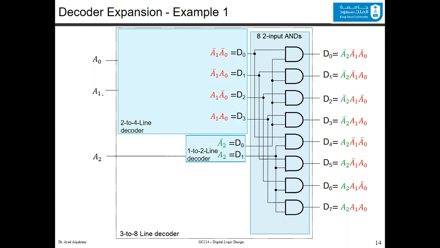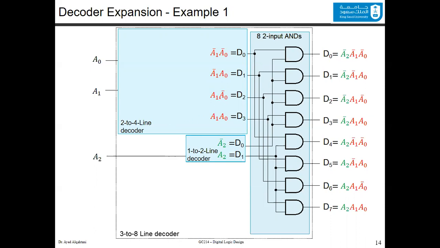Given that we have only 2 inputs, the first minterm will be A0 bar, A1 bar, and then you will continue until you reach A0, A1, corresponding to the minterm M3. For a 1 to 2 line decoder, you will have only 2 simple minterms, A2 bar and A2.